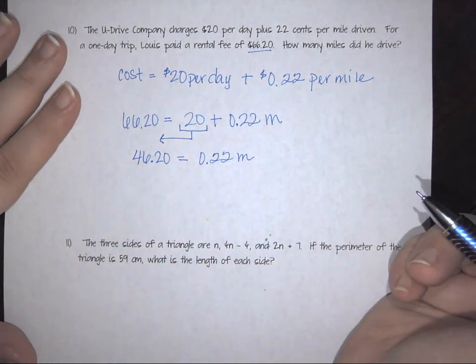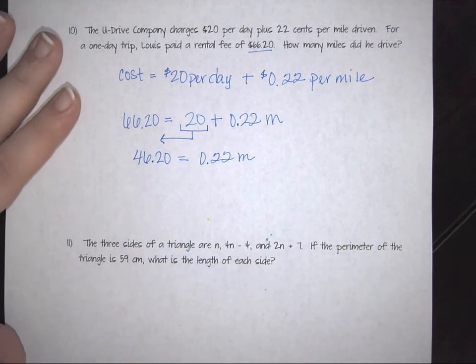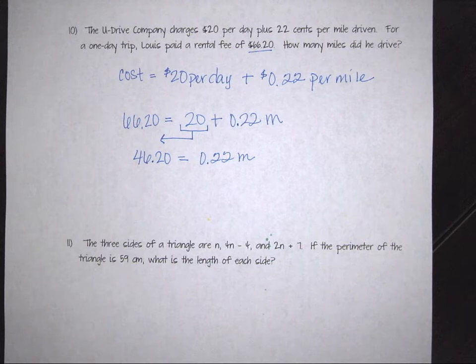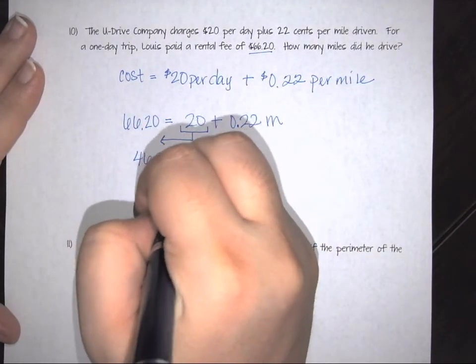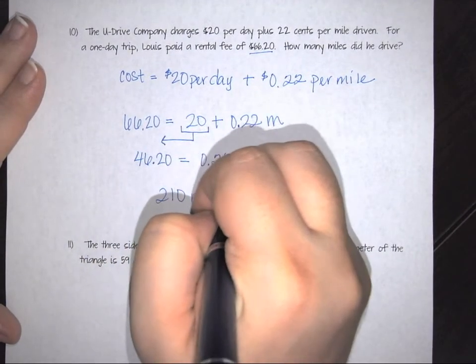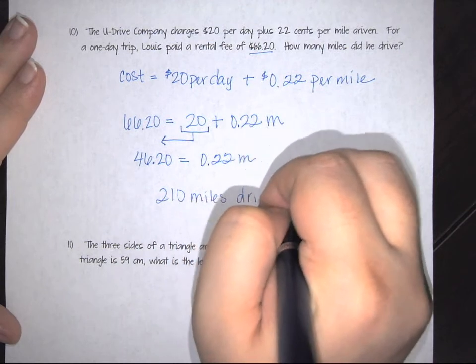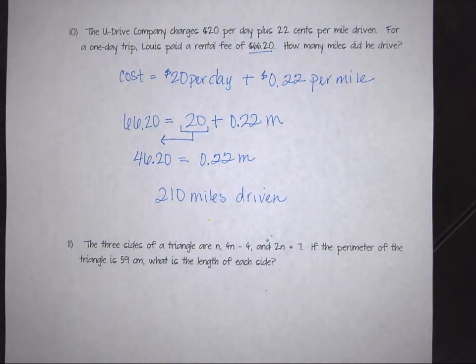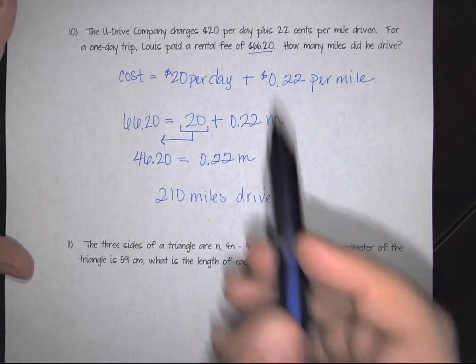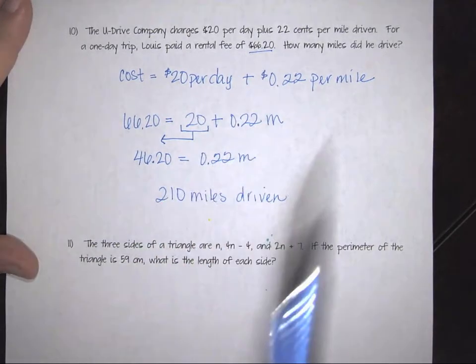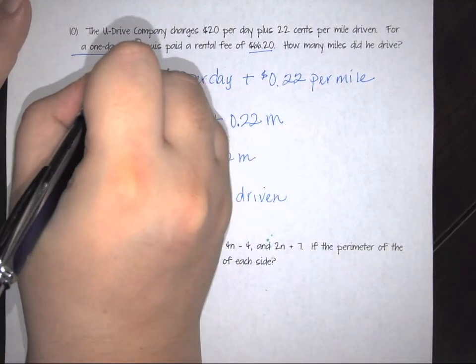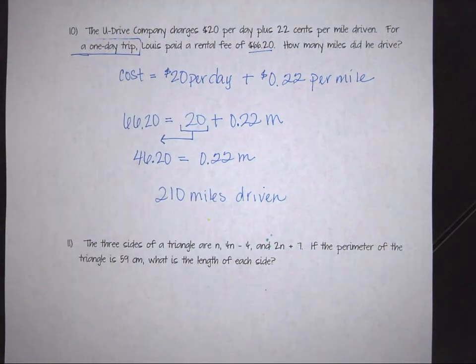Now we need to divide everything by 0.22, and when we do, we're going to end up with 210 miles driven. So what it comes down to is knowing which variable you have to solve for. Now, how did I know that I just was able to stick with 20? Well, it's because in your problem it talks about a one-day trip.